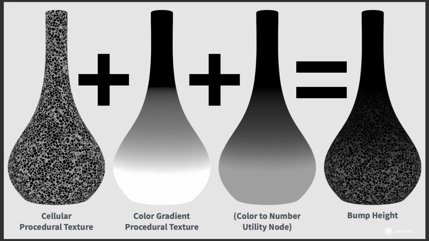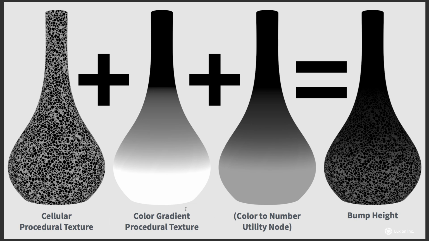So we went ahead and applied a color gradient procedural texture to it, and that was plugged into the bump height. What that effectively says is use this cellular procedural texture as the actual shape, and use this gradient as the value of bump height. Meaning, again, black equals 0, white equals 1. So we're going to fade from 0 bump height to a bump height of 1.